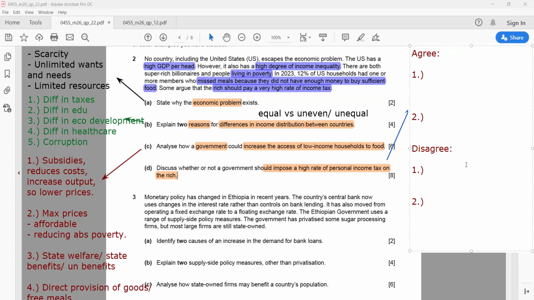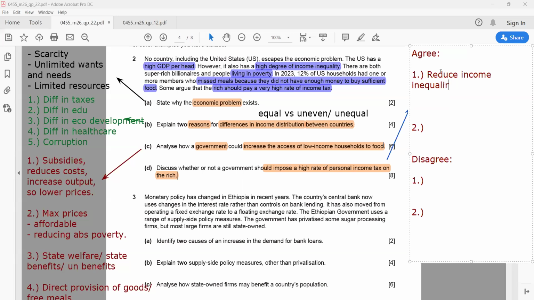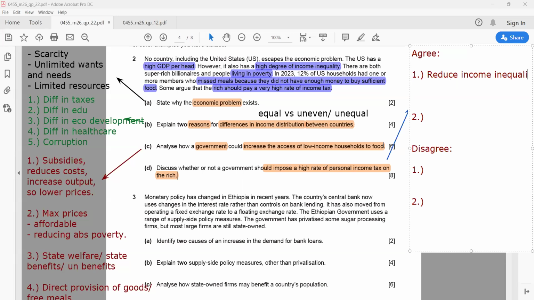Agree, by saying that government should impose a high rate of income tax on the rich. Income equality. Very good. Or you can call it reducing income inequality. And when you tax more on the rich, can you tell me what kind of tax system is this?